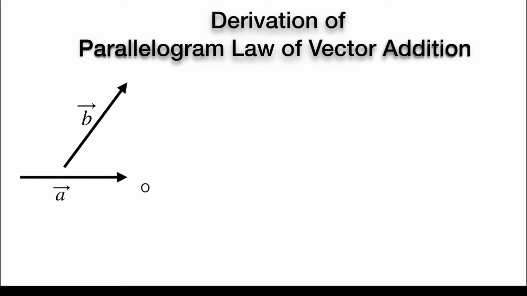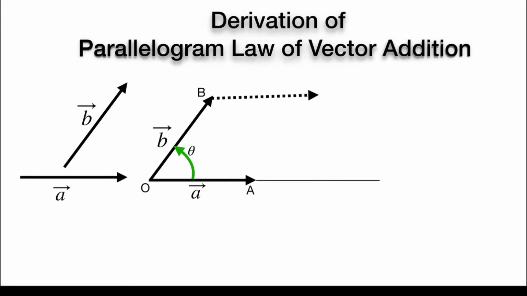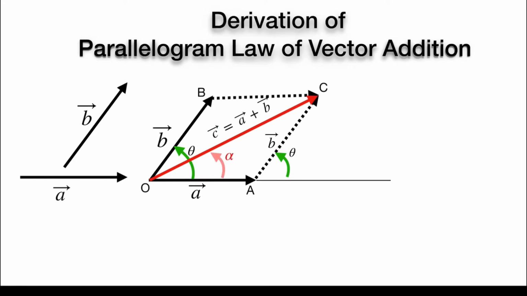To find the resultant vector, draw these two vectors as two adjacent sides of a parallelogram and complete it by drawing parallel lines to these vectors. The resultant vector is given by the diagonal of this parallelogram starting from point O, which is a common point between the two adjacent vectors A and B.